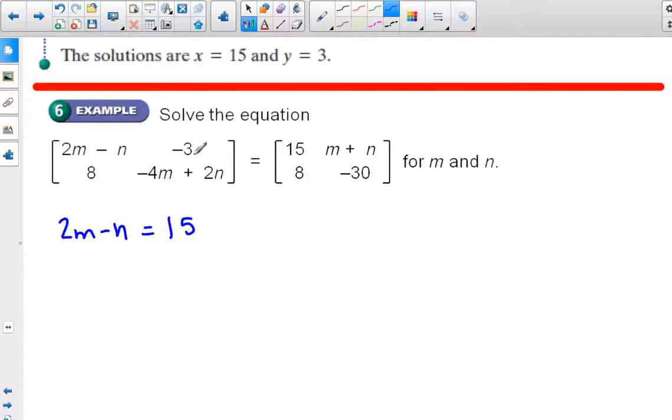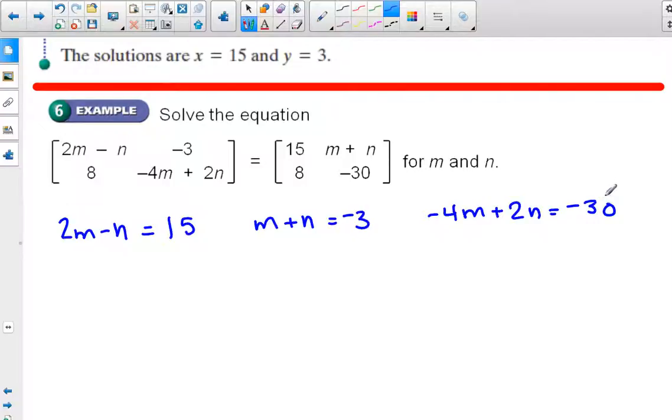And then in row 1, column 2, we have m plus n equals negative 3. Now you'll notice row 2, column 1, they both have 8, so we're not going to bother copying those down. Those are obviously equal. And then we have negative 4m plus 2n equals negative 30.